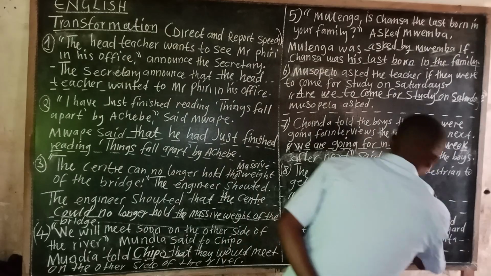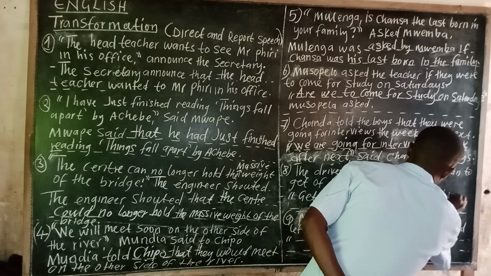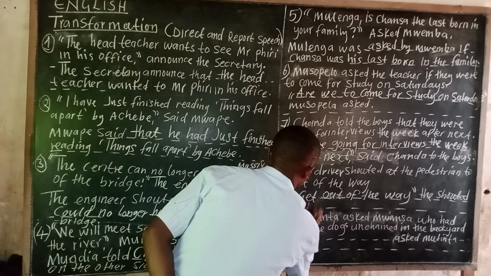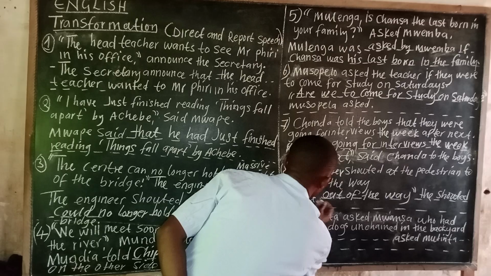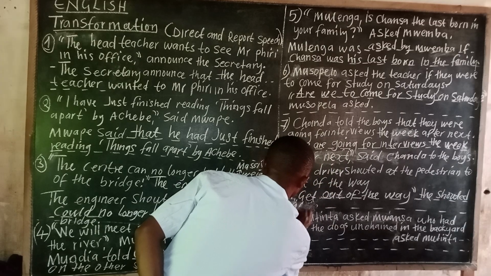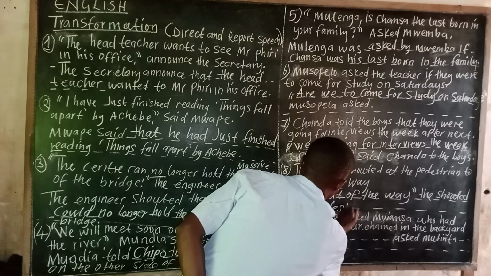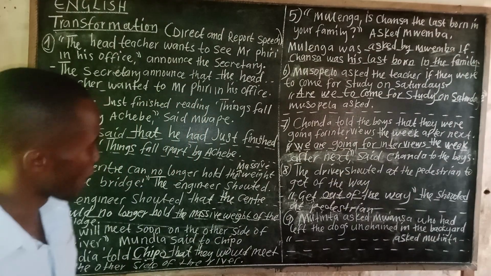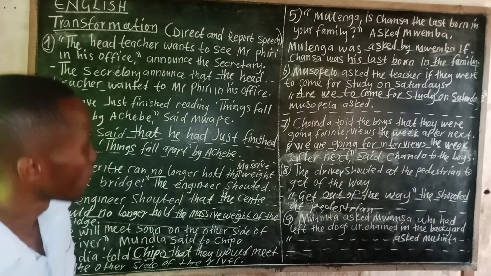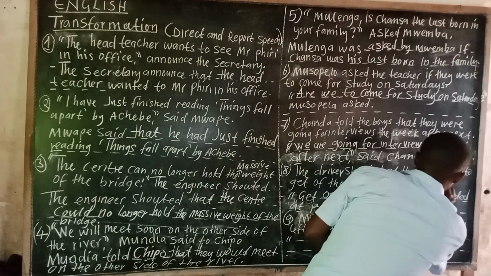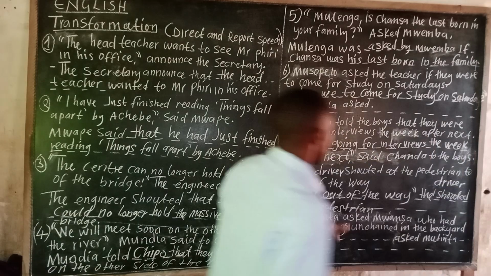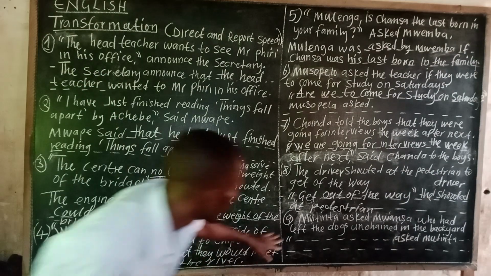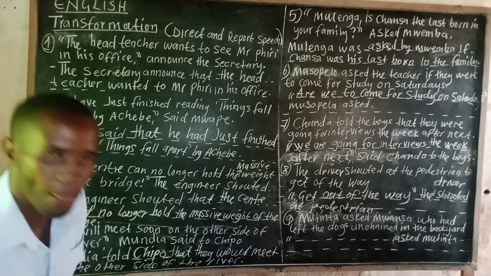Then you say the driver shouted at the pedestrian. That is how it is written in direct speech: "Get out of the way," the driver shouted at the pedestrian. You are done. Then you go to the last question, number 9.